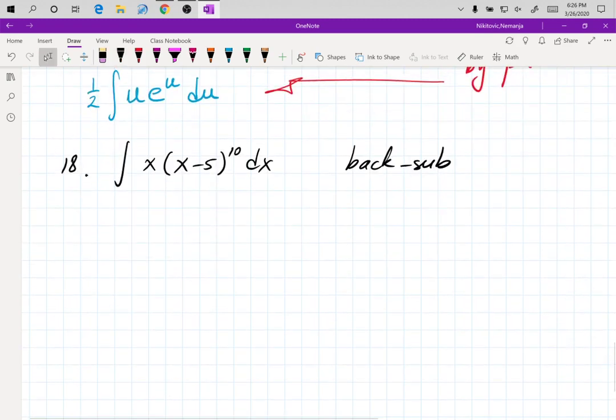That one should be simple. Next, problem 21: x to the 9 ln 3x dx. We did this in class. That's by parts.